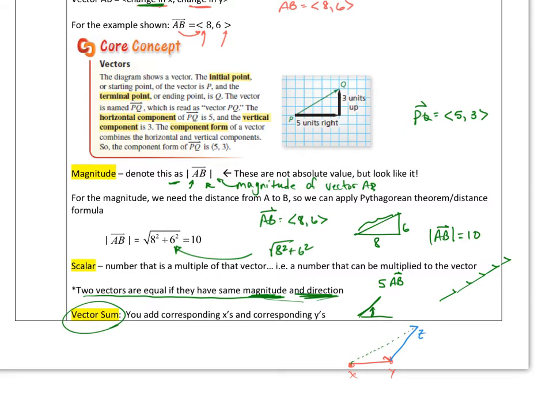If you break this up, it's gone this distance in the x, plus this extra distance in the x. Let me do that with another color. So it's gone this total distance in the x, and in the y, it's gone this total distance. So for this new vector sum, you add the x's and add the y's together to get that.